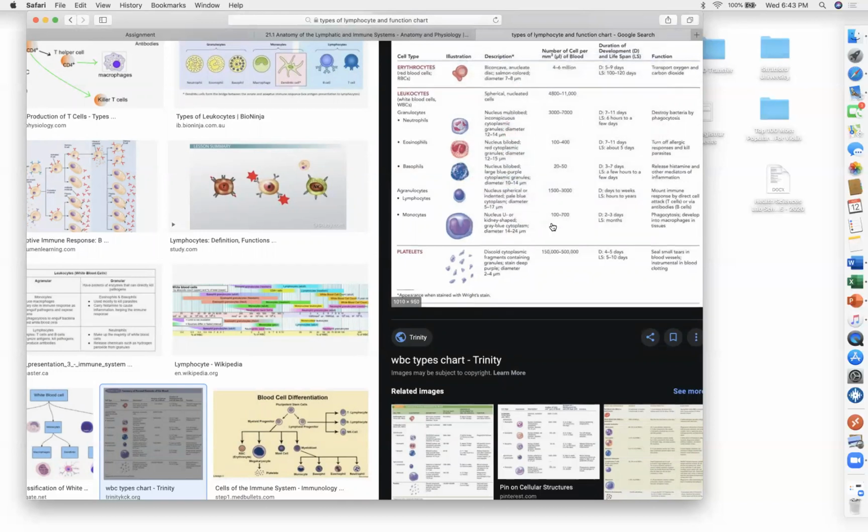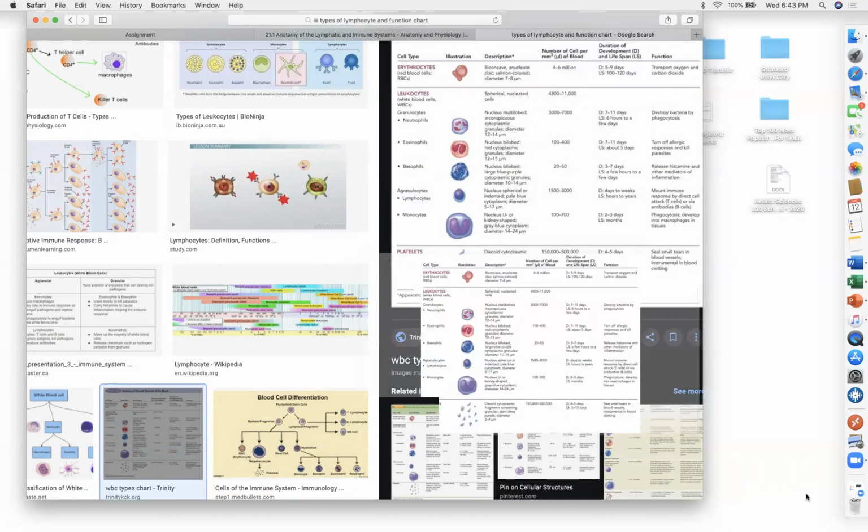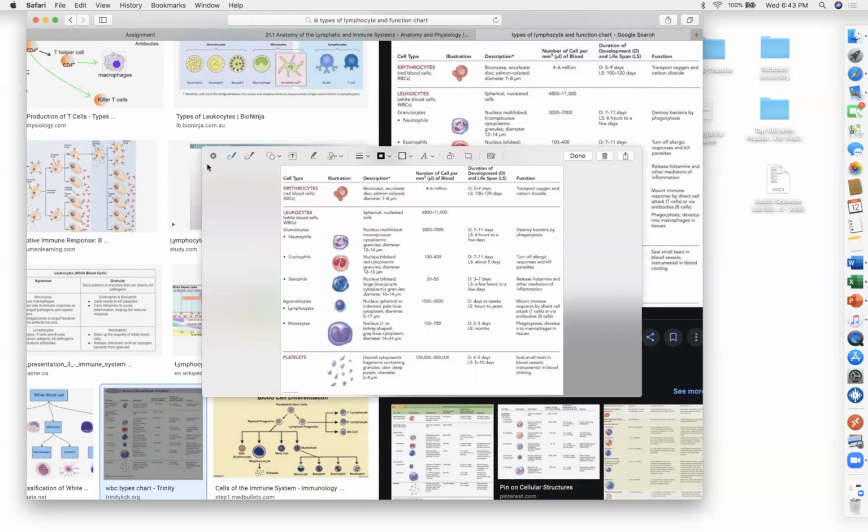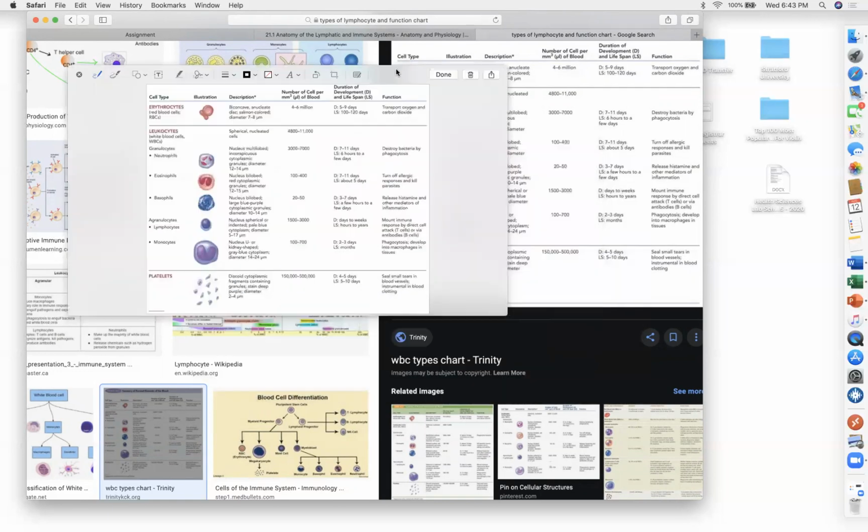Okay. You know what? How's this? Control C this, and then I could take this, and I could do this, and then we could look at it. And then we can make it bigger. Dagnabbit.